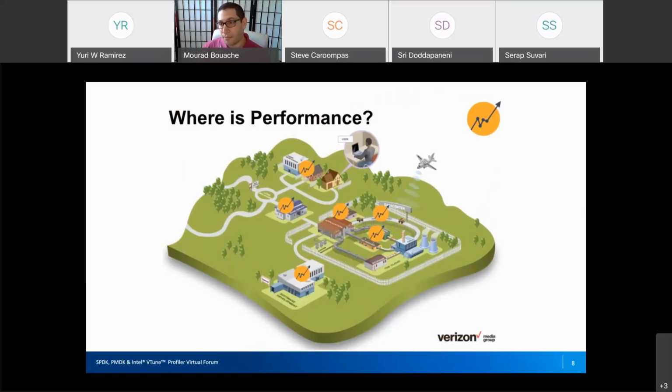So where is performance? Everyone is talking about performance, but we don't know. We have some kind of abstraction about the performance. And this is actually a good illustration of our data center at Yahoo. If we are talking about performance, it's everywhere. The sign of performance, in orange, we can see it everywhere, even at the user.